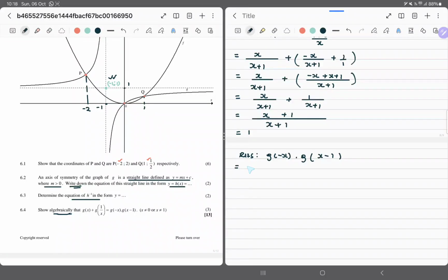Now this is equal to, g of minus x is minus 1 over, where we see x we put minus x, then plus 1, plus 1. This one we multiply to minus 1 over, where we see x we put x minus 1, plus 1. Plus 1. All right.